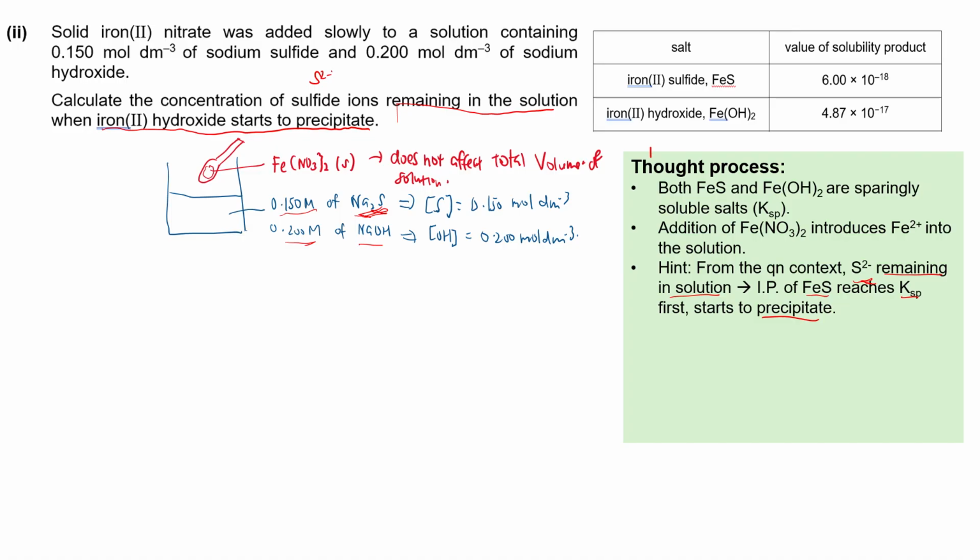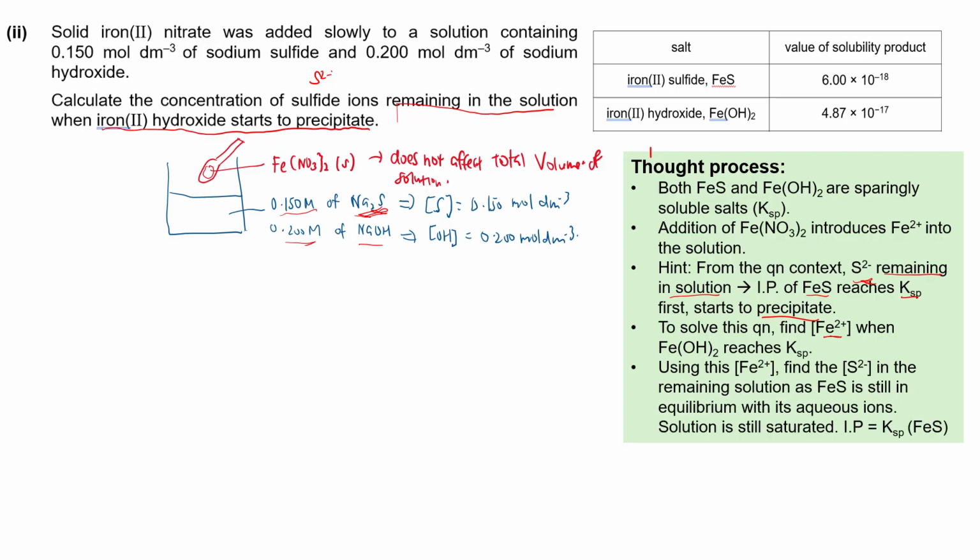So to solve this question, you have to find the concentration of Fe2+ when iron 2 hydroxide reaches Ksp. After that, using this concentration of Fe2+, find the concentration of S2- sulfide that's remaining in the solution, because iron 2 sulfide is still in equilibrium with its aqueous ions and the solution is still saturated.